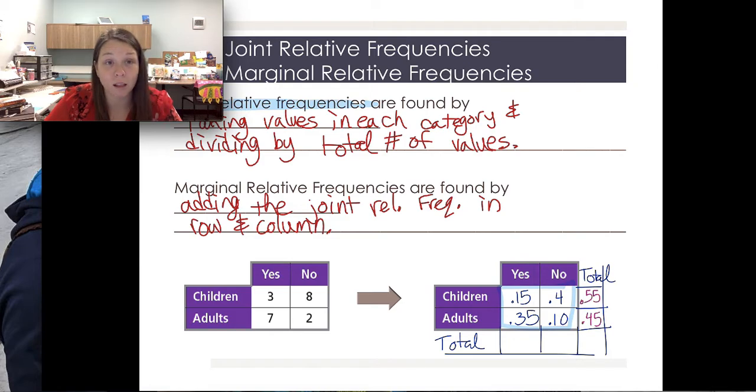Now if I add my columns, 0.15 plus 0.35 is 0.5. 0.4 plus 0.1 is 0.5. And also notice that the total columns both add up to 1, which should happen every time because that means it's representing 100% of the data.